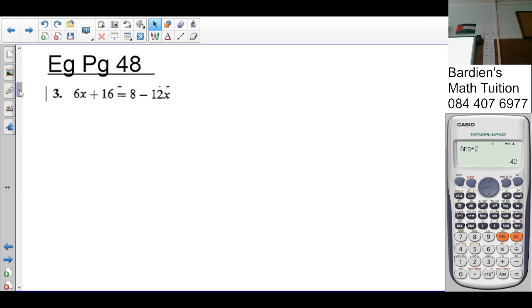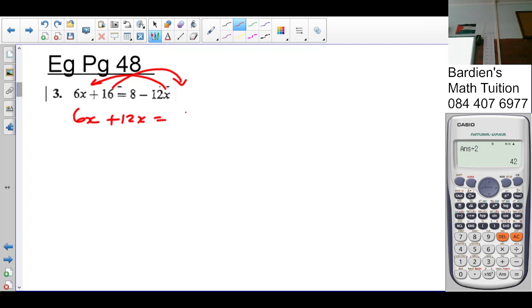Right, so what do we do here? X is one side, numbers the other side. So let's go. 6x plus 12x equals 8 minus 16. You notice? We took the negative over the equal sign, it becomes positive. Here we took the positive over the equal sign, it becomes negative. Can you see that?